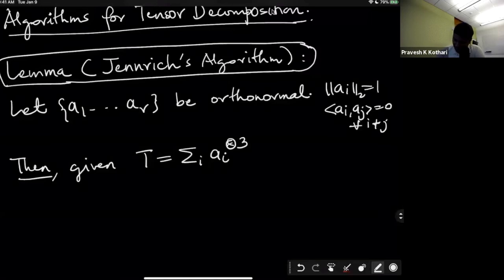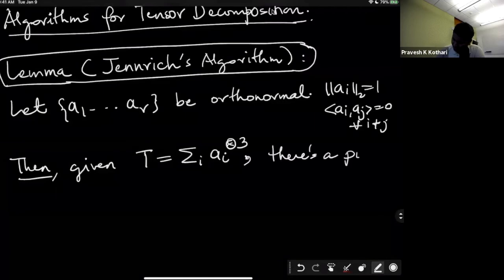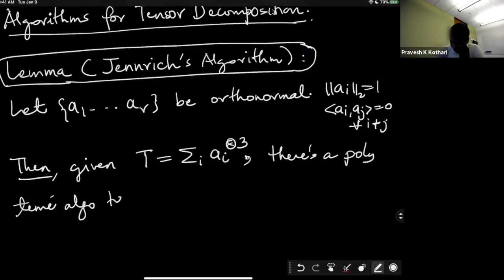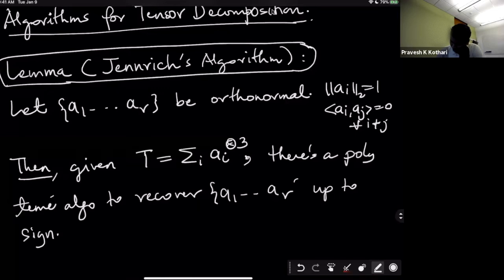But given this third order tensor, there is a polynomial time algorithm to recover A1 through AR up to sign. Let's look at the proof of this.